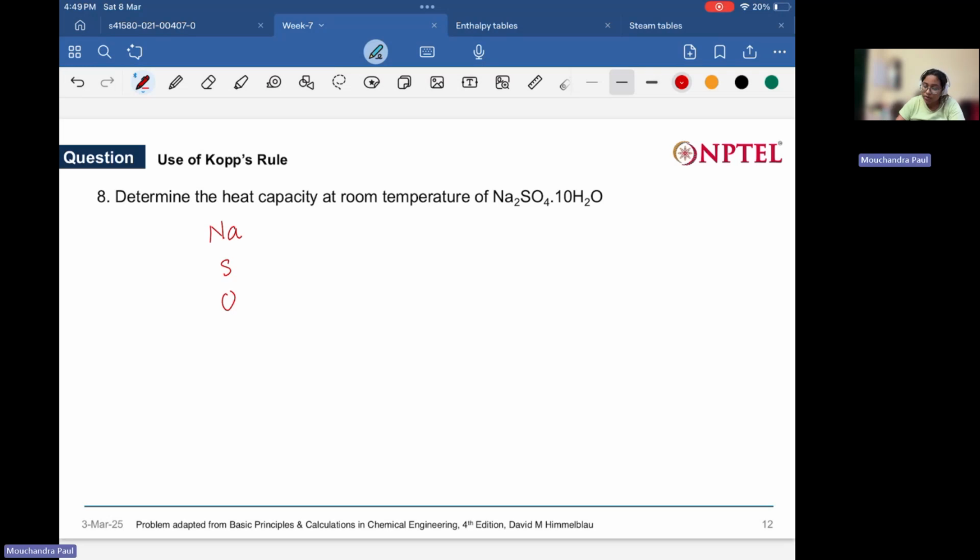You solve these values and then you have to add them. That will be your final answer in joule per gram atom per degree Celsius.